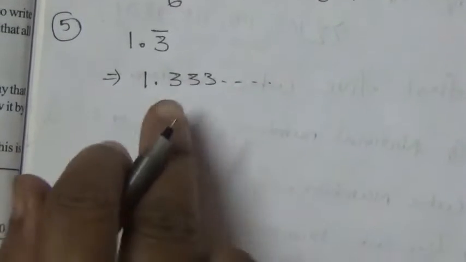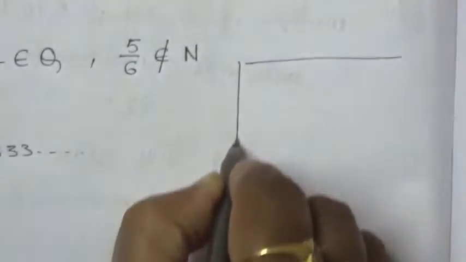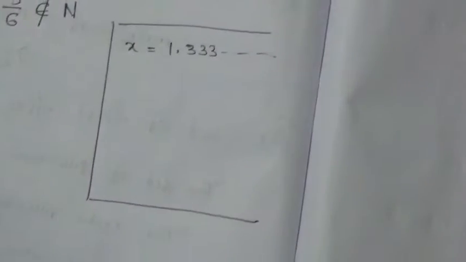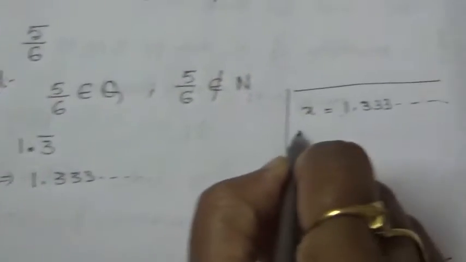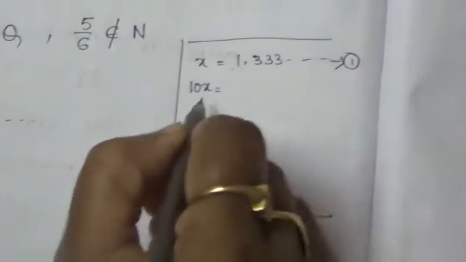You can convert this into p/q form. I will show you here. Take this number as x equal to 1.333 and so on. How many digits are there after the decimal? Only one, it is repeated. That's why we take 10x, multiplying the first equation by 10.